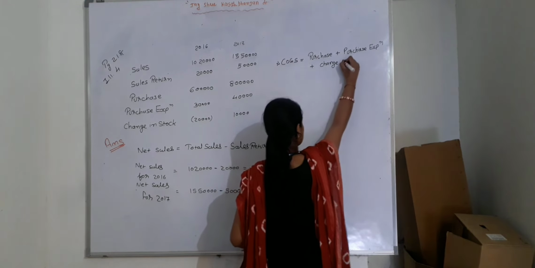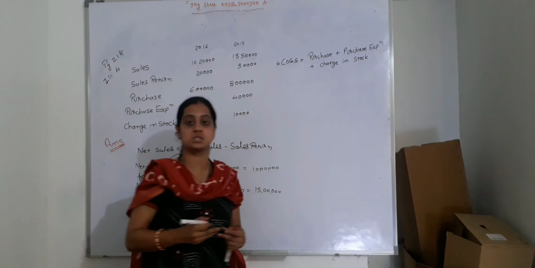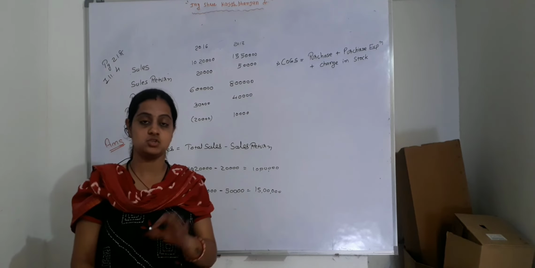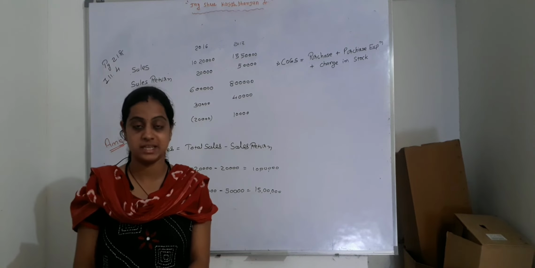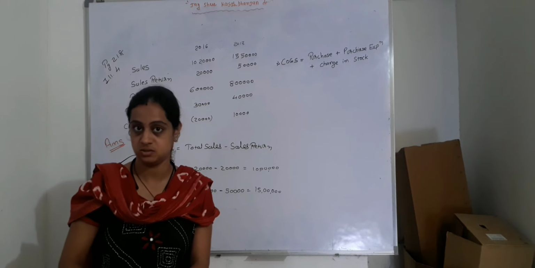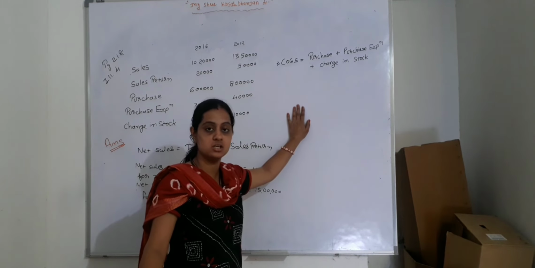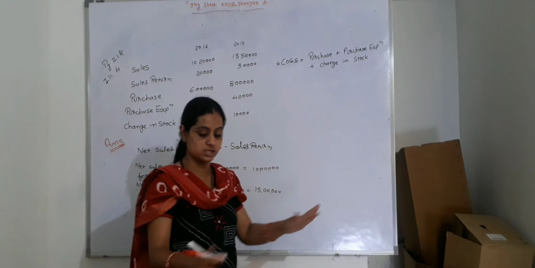Here they have not given opening stock and closing stock, but they have given change in stock. Change in stock is equal to opening stock minus closing stock. That we have studied in unit 3, right? So we'll directly write plus change in stock. No need to write opening stock minus closing stock.